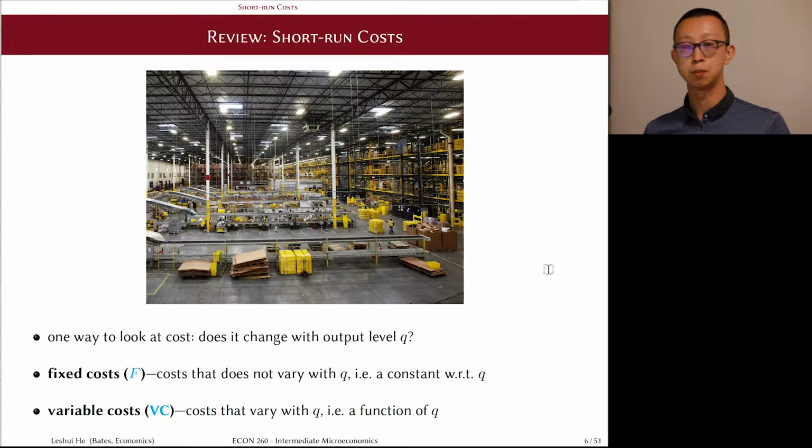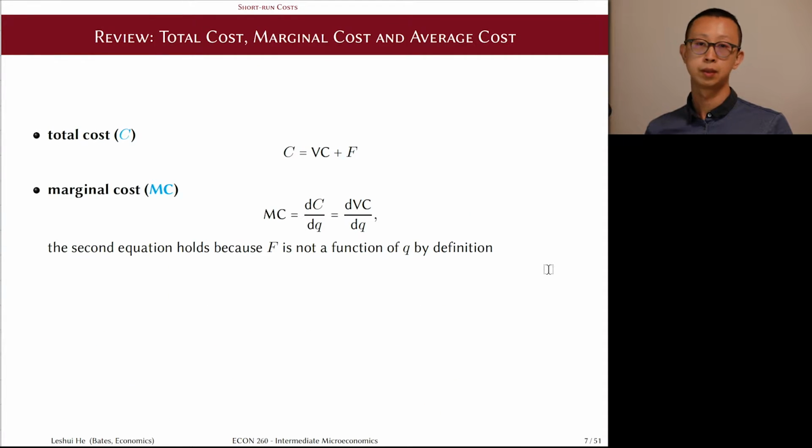Put in technical terms, the fixed cost F is a constant with respect to the output level Q, while the variable cost is a function of Q. Taking this perspective, the total cost of the firm can be broken down to the variable cost part and the fixed cost part.